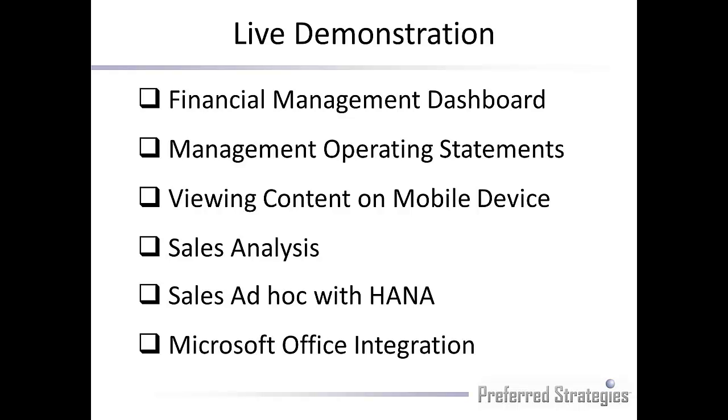If you're not aware of HANA, that's the in-memory computing platform from SAP to really accelerate your analytics. We'll just show you a flavor of that. It's very similar: it's the same universe that we built for our direct connection, we just repointed it to a model we've prepared in HANA for JDE. Then we'll show you some of the live Office stuff, which is the Microsoft Office integration, at the end.